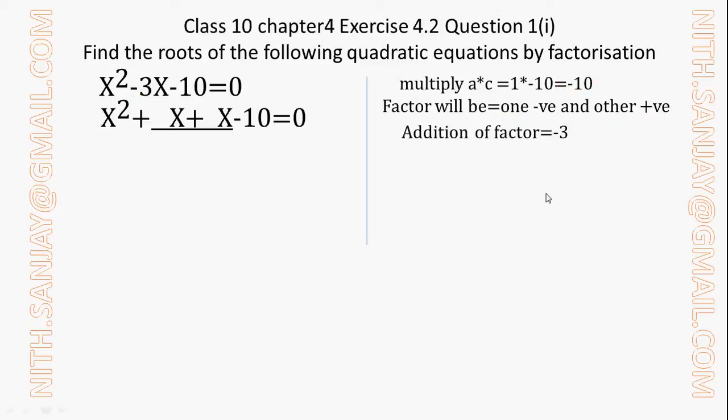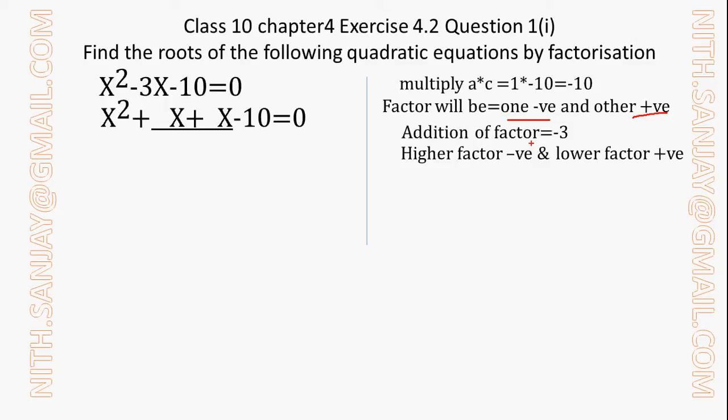Next, the addition of those two factors should be equal to minus 3, this middle term. So from here again it is very clear that the higher factor will be negative and the lower factor will be positive. Why? Because I have two conditions. One is the multiplication should be negative, which means one factor will be negative, another will be positive.